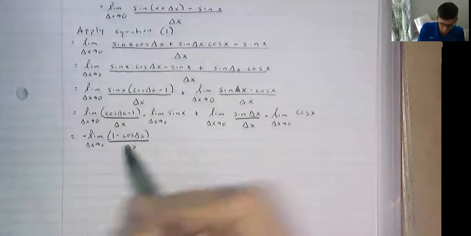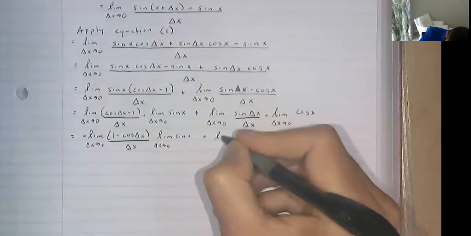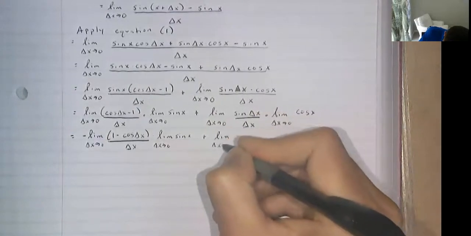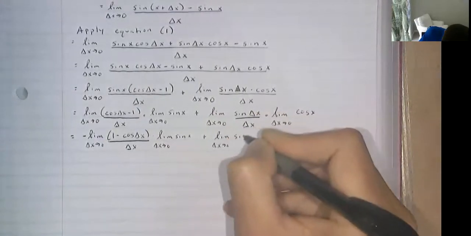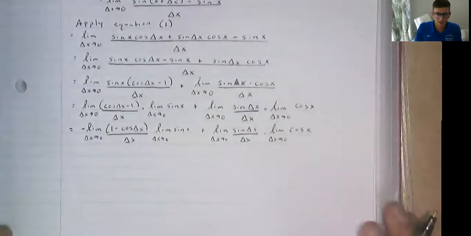And then this guy, well, we'll see what that guy becomes, times the limit of sine of x as delta x approaches 0 plus this whole mess. And now we apply the limit.